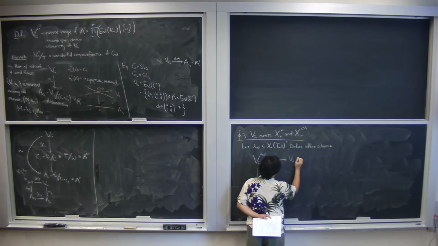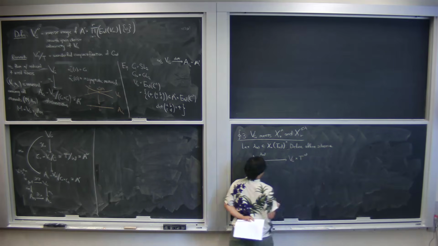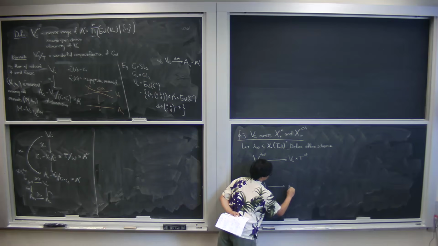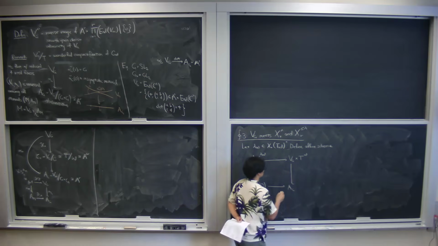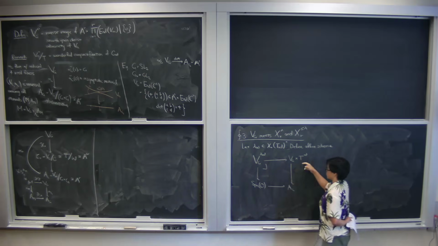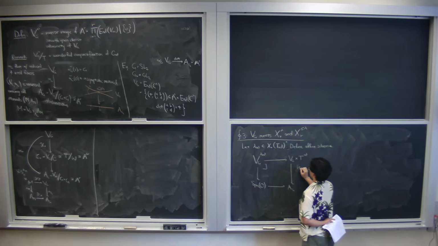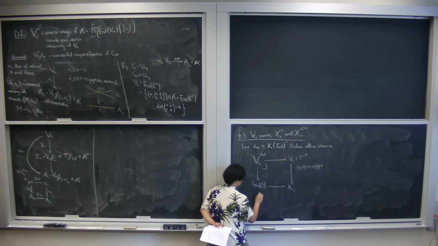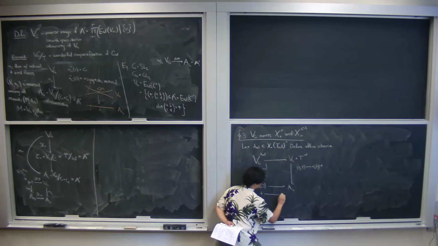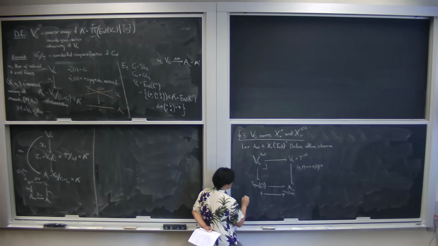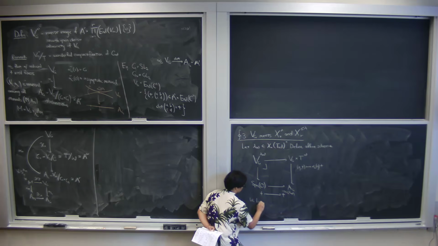We have Vg times TAD, we have spec of O, and we have AG. This map here takes g and t and maps it to alpha G of g times t. And this map here takes t and maps it to t to the minus w naught of lambda AD, where w naught is the longest element in the Weyl group.